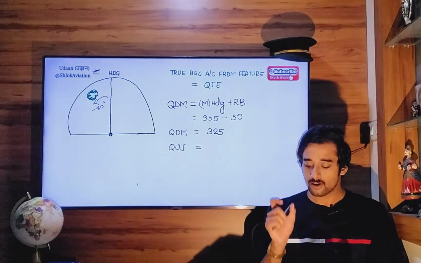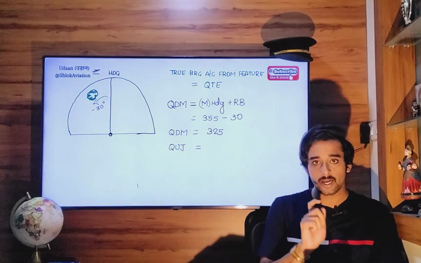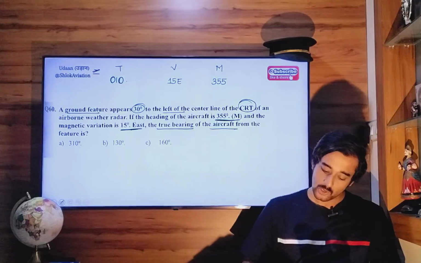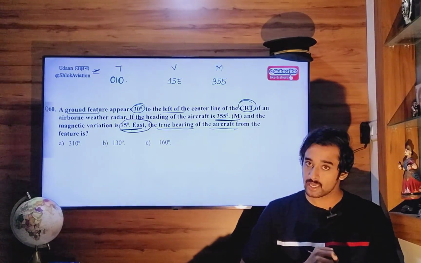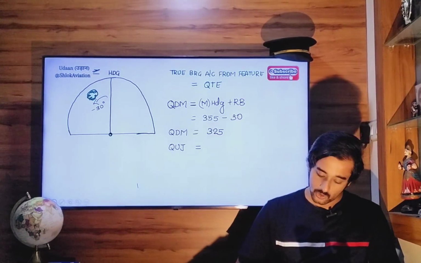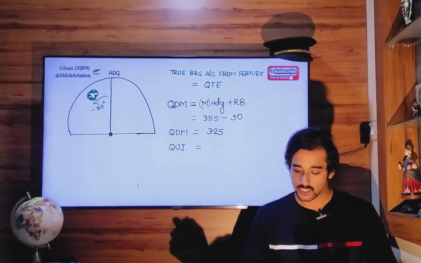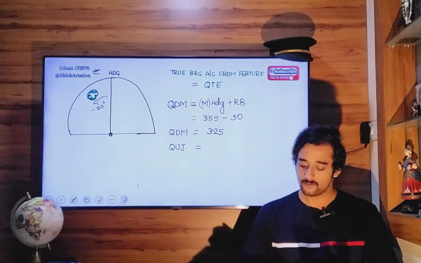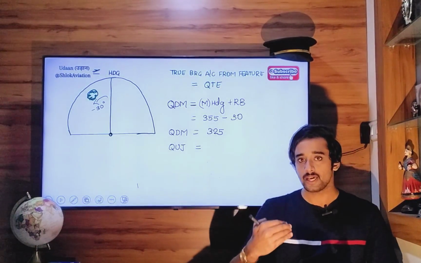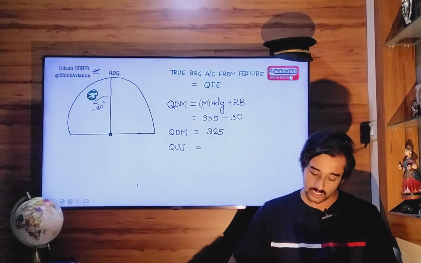This is magnetic, this is true. So we want to convert magnetic direction into corresponding true direction. We will make use of variation which is 15 degree east, right? So variation east, magnetic is least. Magnetic is 325. So true will be more than magnetic because variation is east.